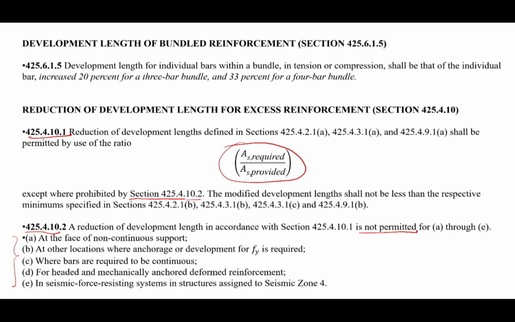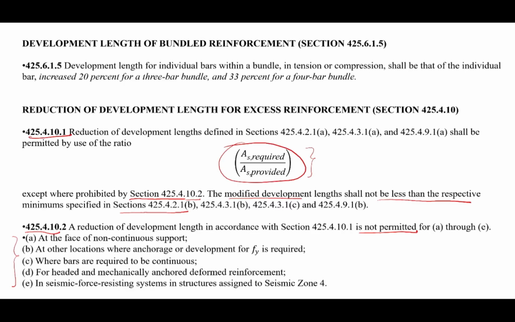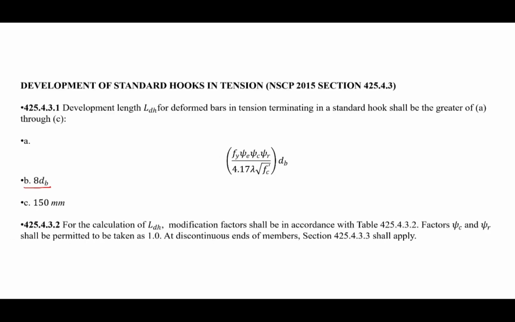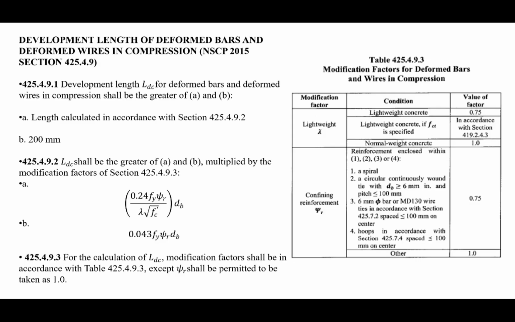Also, the modified or adjusted development length shall not be less than the minimum as prescribed in these sections: 425.4.2.1b, 425.4.3.1b and C, and 425.4.9.1b.